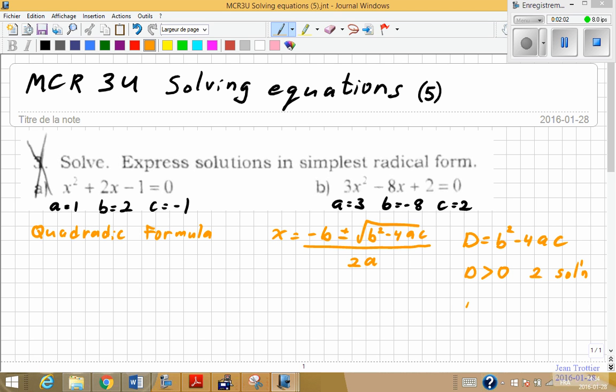If the value of the determinant is equal to exactly 0, you only have 1 solution. And finally, if d is smaller than 0, well, you have no solutions.